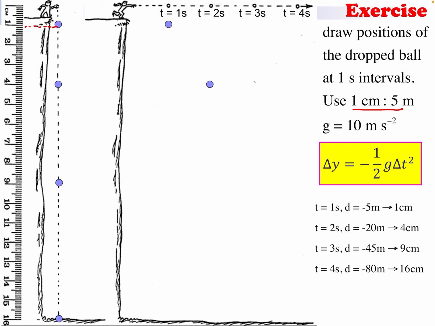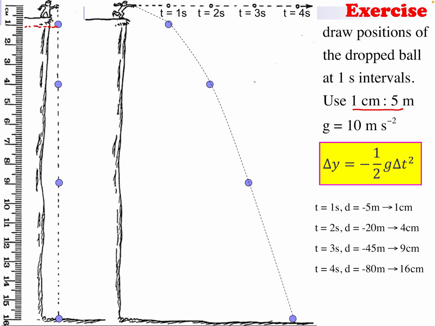Okay. After 2 seconds, the ball would be located at this position horizontally. But if we turn on gravity, the ball would have fallen down to this vertical position here. After 3 seconds, the ball would be in this position horizontally. But if we turn on gravity, the ball would have fallen down to this position, and we do that also for 4 seconds where the ball has now reached the ground. Okay.